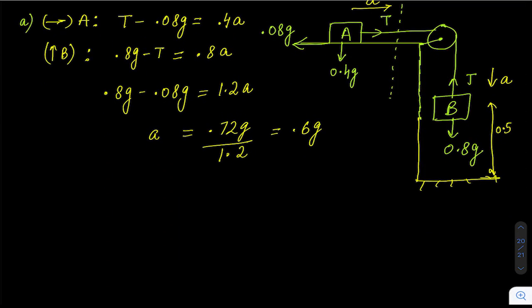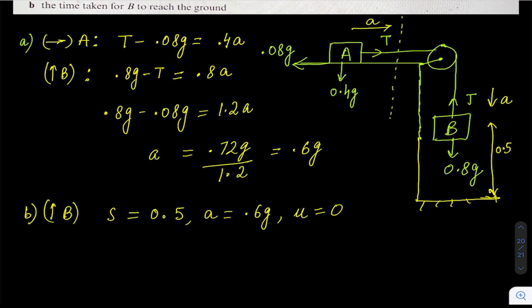So what's the displacement for particle B? S is 0.5. We know its acceleration is 0.6 g, which we just calculated, and it initially starts from rest, so u is 0. Time is what we need to find out, the time taken by B.